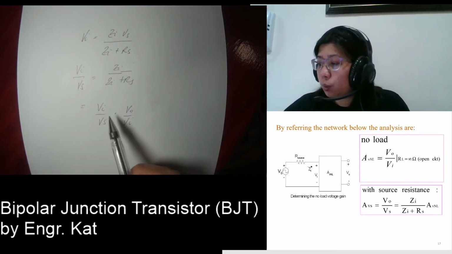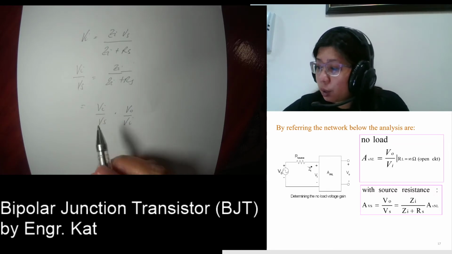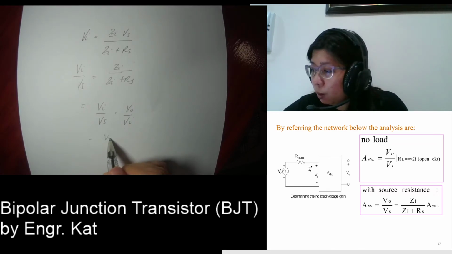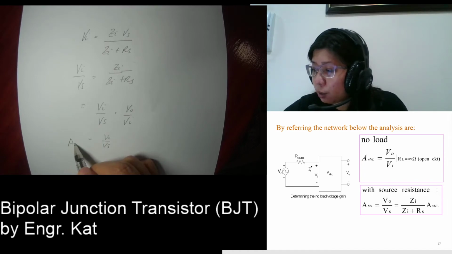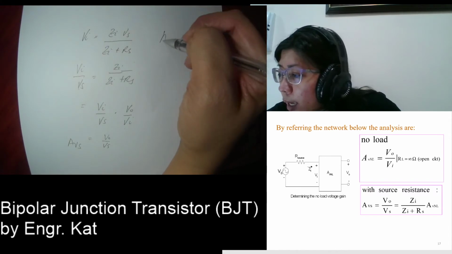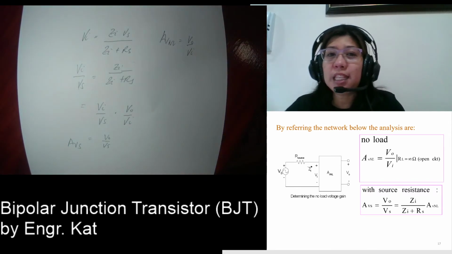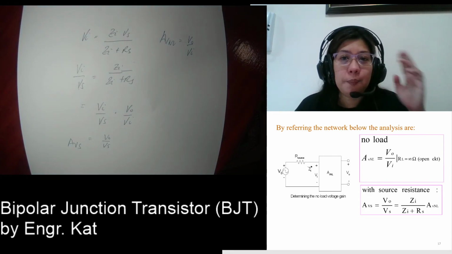As you can see, VI will be cancelled out. That will give you VO over VS. So this is your AVS. The difference between AVNL and AVS is that this is simply VO over VS, starting with the source voltage.